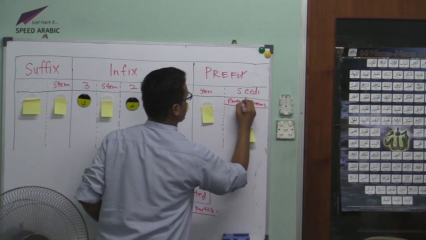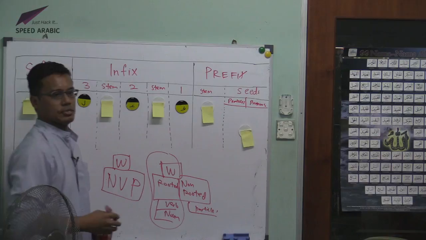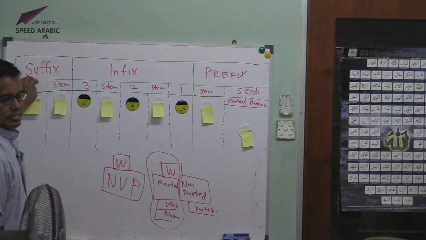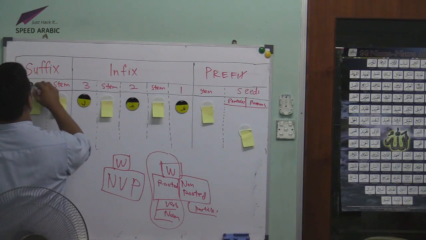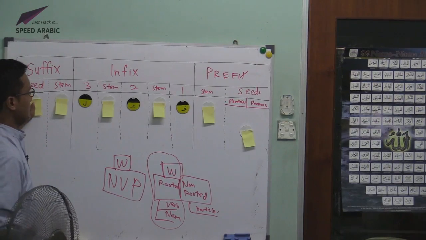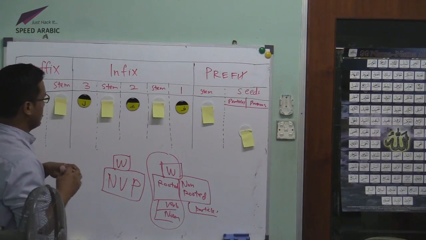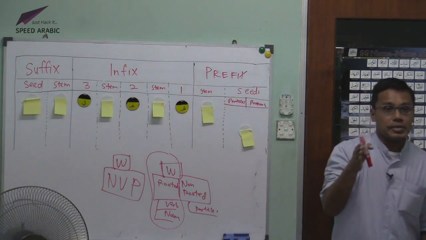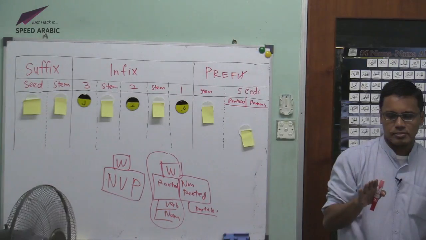When we have an example, it will be clearer. And then you have another one here. What do we call this? Suffix seed. The seed is here. Let me ask you: a stem that comes before the root, is it called a prefix or an infix?